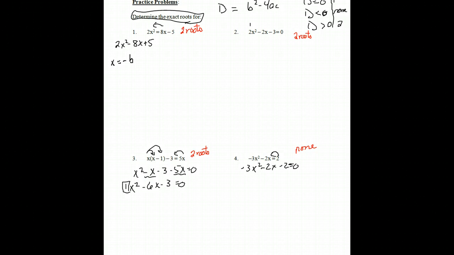Negative b plus or minus the square root of b squared subtract 4ac, all over 2a. Ignore that little stroke there.